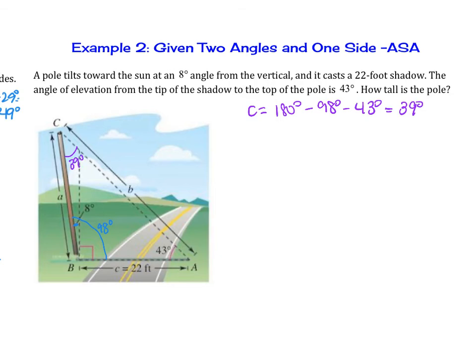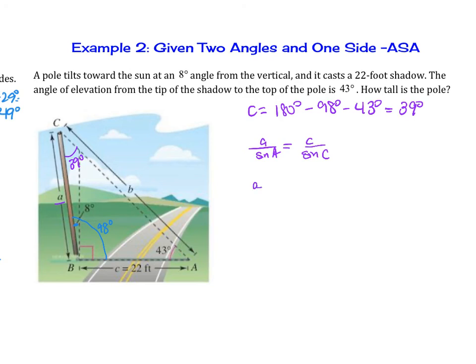So now we're trying to figure out a. We're going to use a over sine of A equals c over sine of C. And b, we do not know. We don't need that one. We're just trying to solve for a.